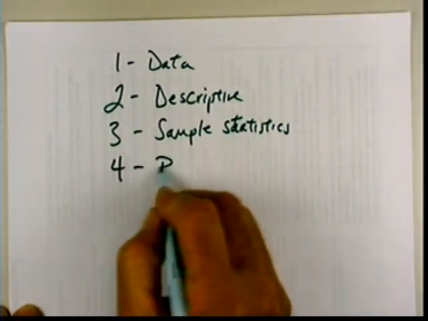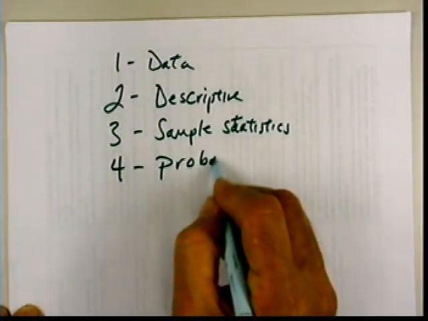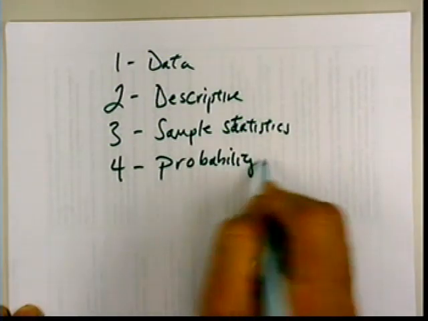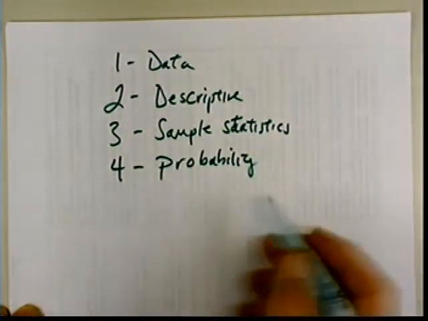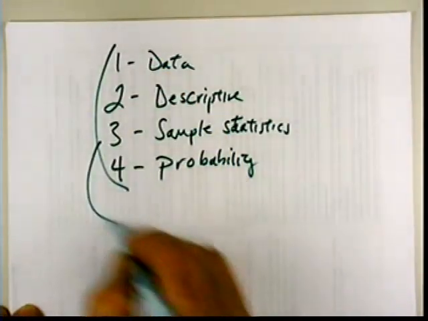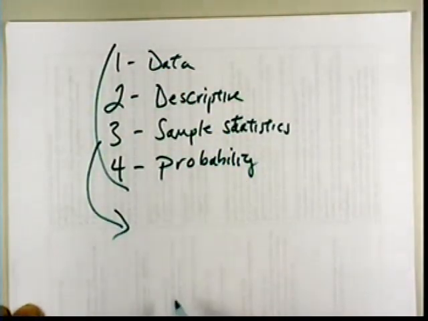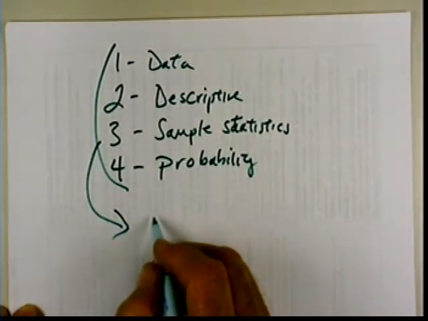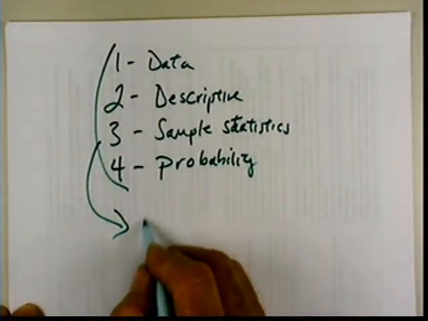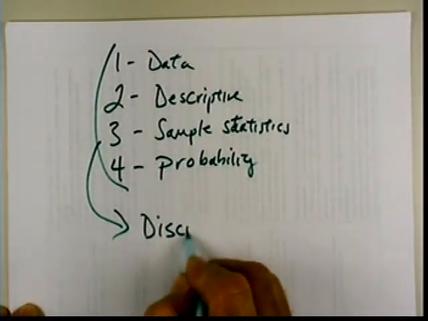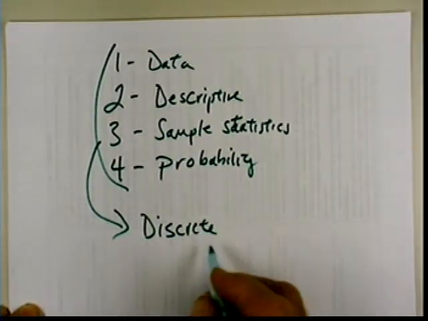In chapter 4, we introduced the probability concepts. And so now we're going to take parts of all of these and we're going to use those to build up, in this chapter, discrete distributions.